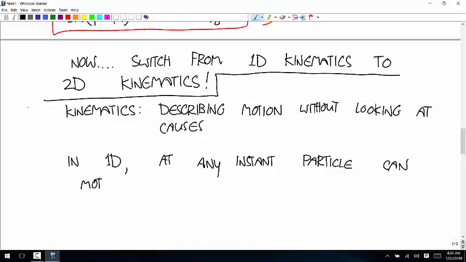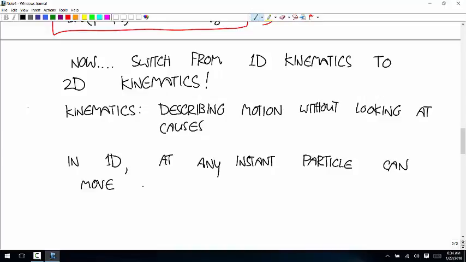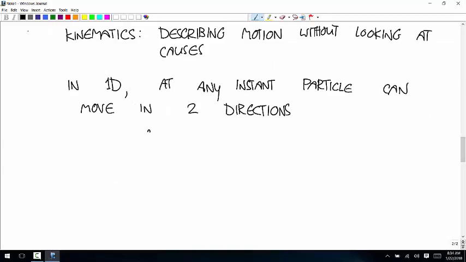Yes, that is correct. So in 1D, a particle's here, it can go this way or that way.